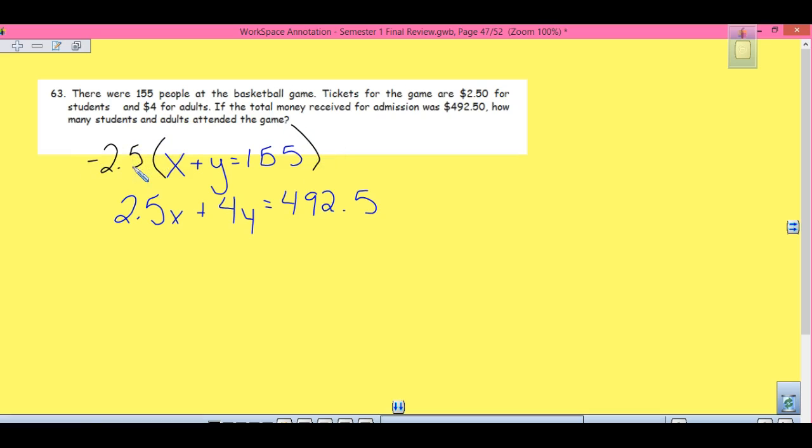You could do negative 4 too, but usually we do negative 2.5, so I've got negative 2.5x minus 2.5y equals, help me out, negative 378.5.